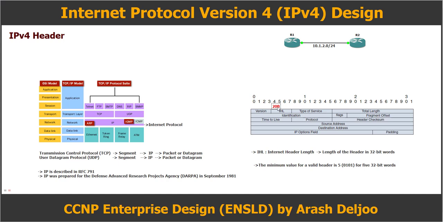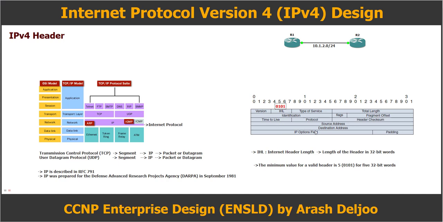32-bit means 4 bytes. Because now the length of this header is 20 bytes, we expect to see the value of 5. 5 means 0101. It means that here we have the value of 5, and 5 means 20 bytes. And because at least we expect to see 20 bytes, the minimum value in the IHL is 5.